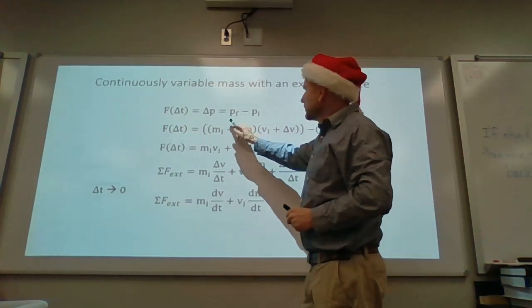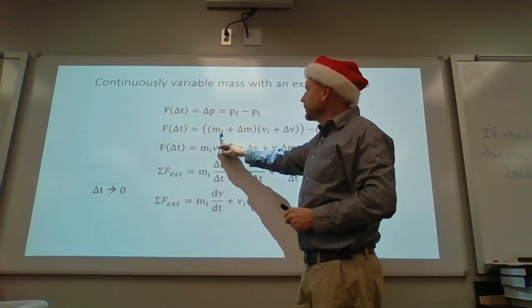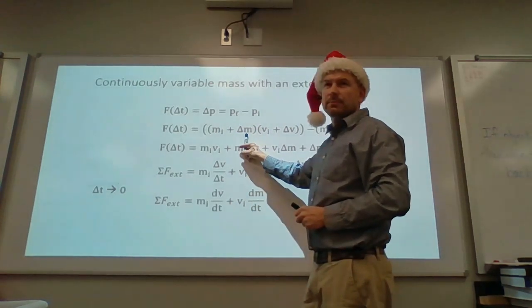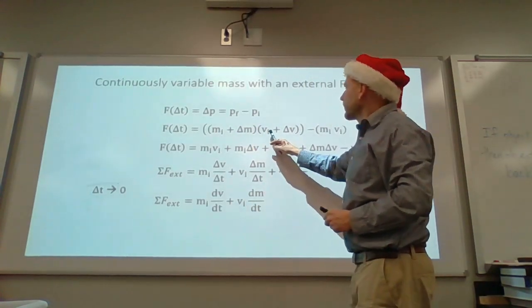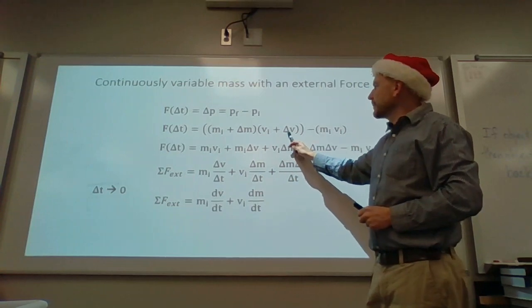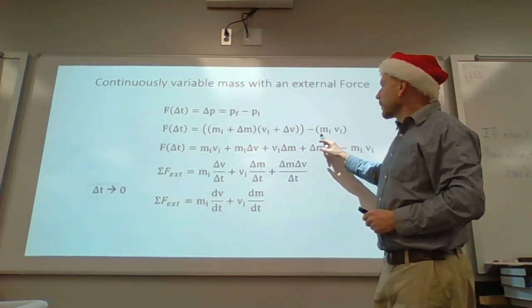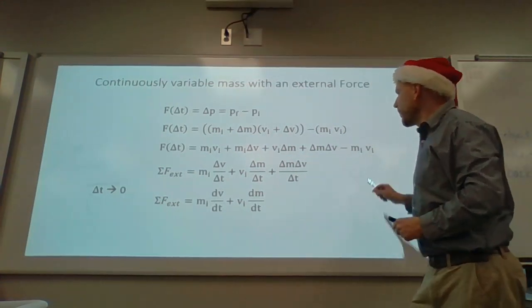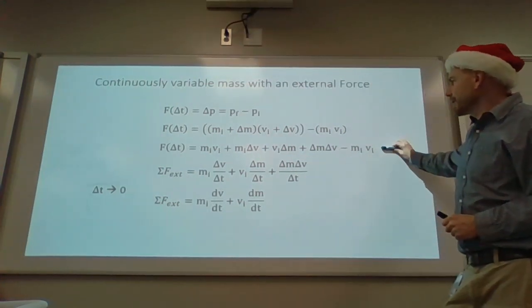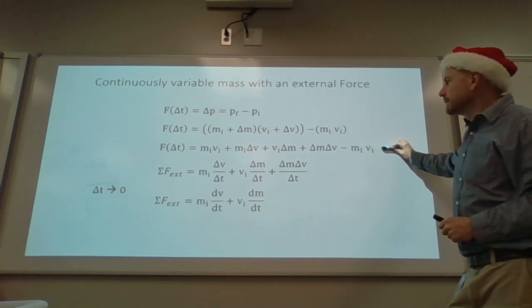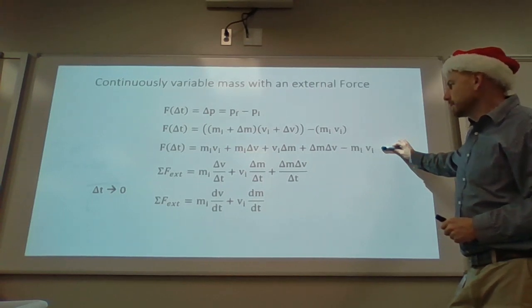For the change in momentum, if your mass is changing, you've got the initial mass plus a small change, multiplied by the initial velocity plus a small change in velocity. If we distribute all this out, we get this expression.